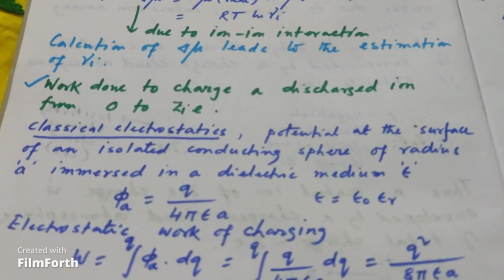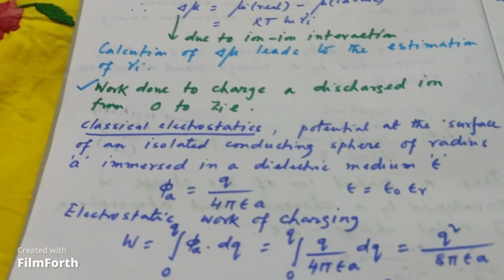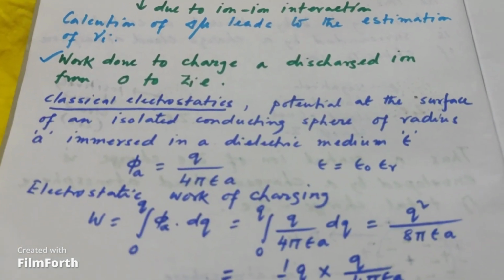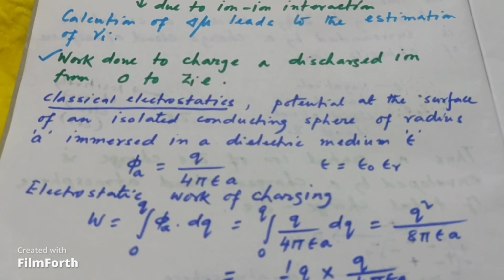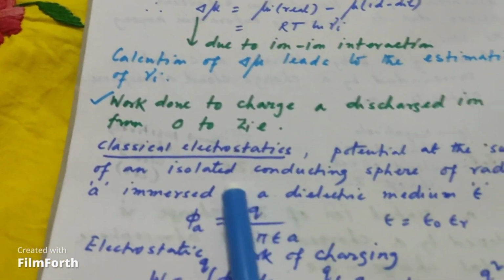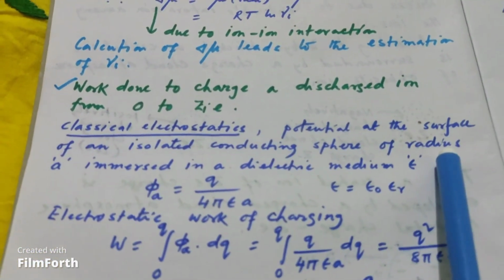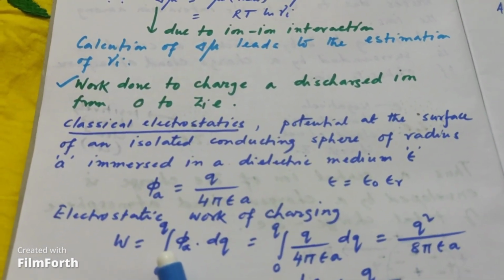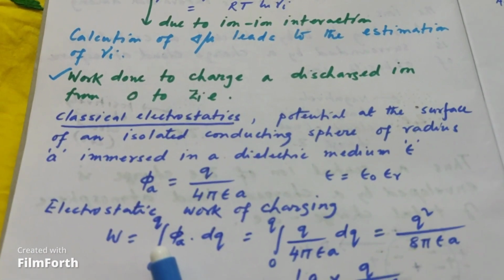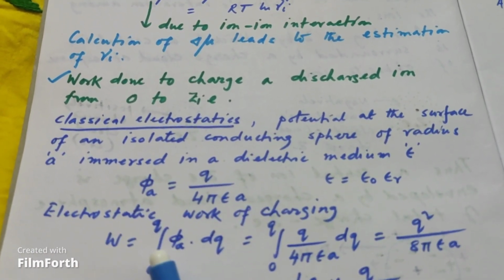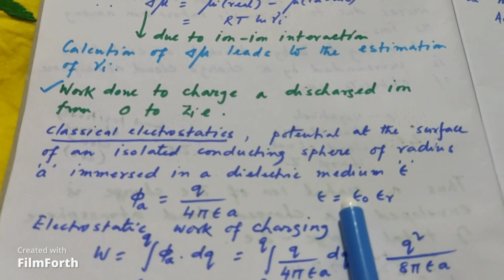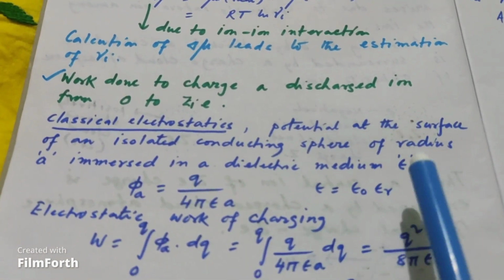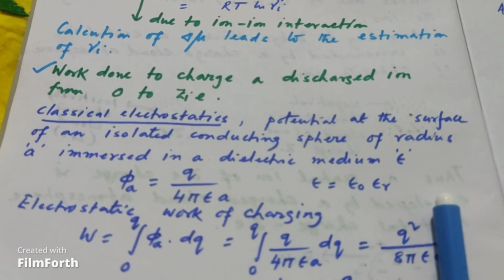then it will be the del mu for that process. Now from classical electrostatics, consider the potential at the surface of an isolated conducting sphere of radius a, immersed in a dielectric medium of permittivity epsilon. Epsilon is epsilon_0 times epsilon_r, where epsilon_0 is the vacuum permittivity and epsilon_r is the relative permittivity of the medium.